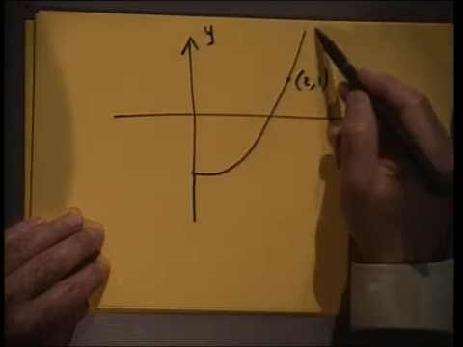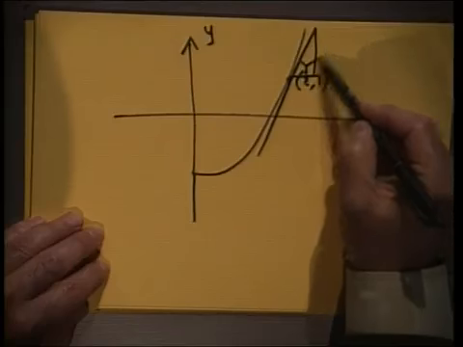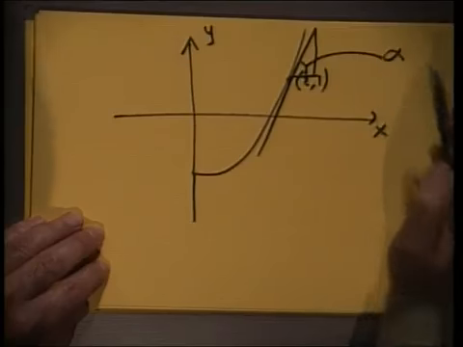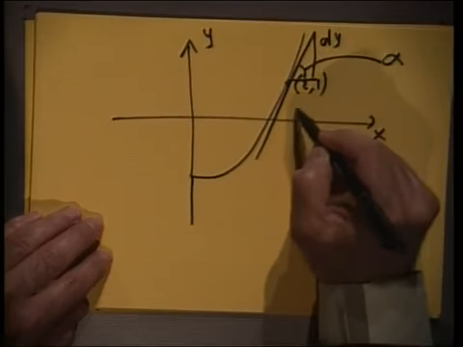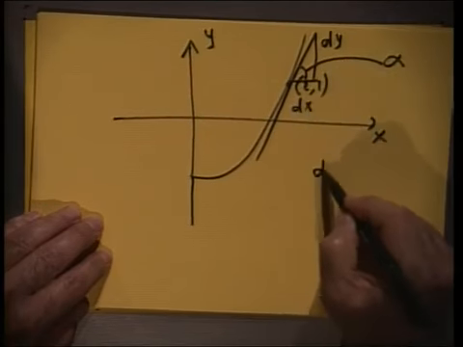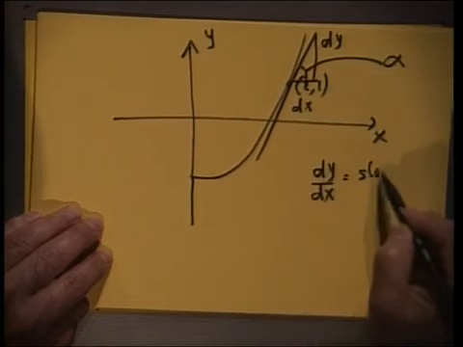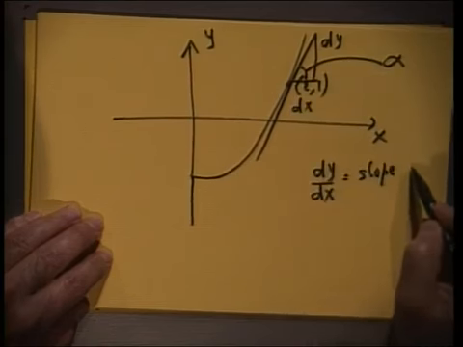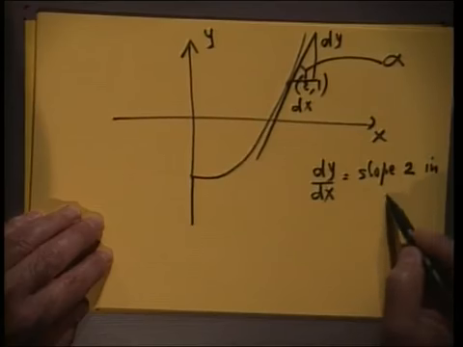So we are seeking to calculate the tangent of this angle alpha. This is actually dy by dx, because this is dy, and here this is dx. So when you calculate dy by dx, what you do is you calculate the slope of the tangent at the point 2 on the graph of f.